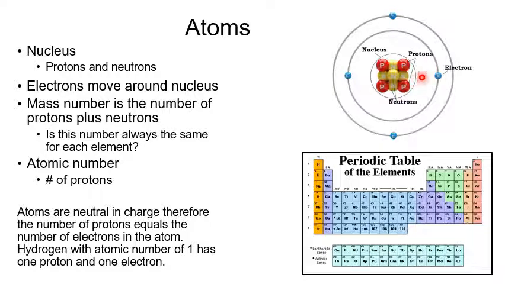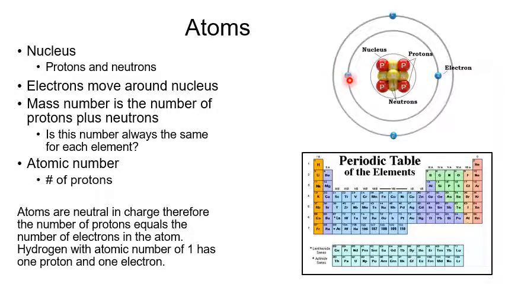Surrounding the nucleus, not in these circles, but think of it as a spherical cloud around the nucleus, are these smaller electrons. These electrons have a negative charge.